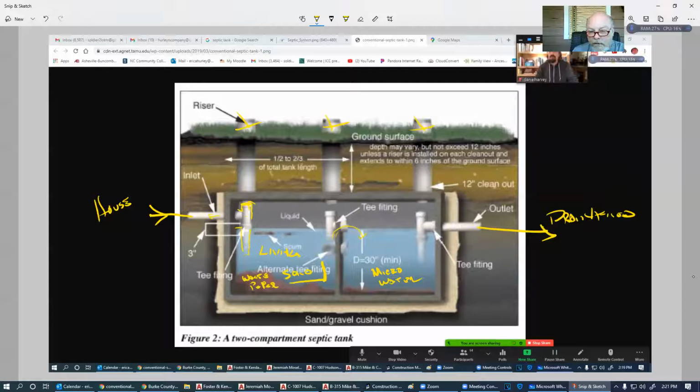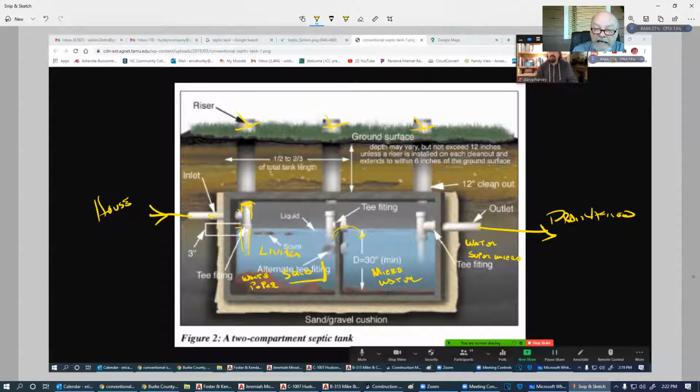Now, what goes out, hopefully, is nothing but water and super microbe stuff. After we get past this point here, we definitely don't want paper. We definitely don't want waste. We want nothing but water and super, super fine micro pieces coming out through here.